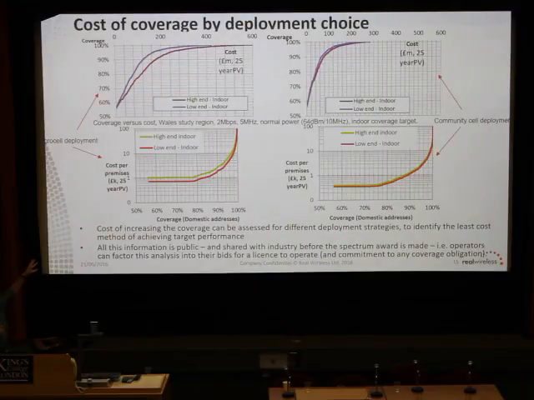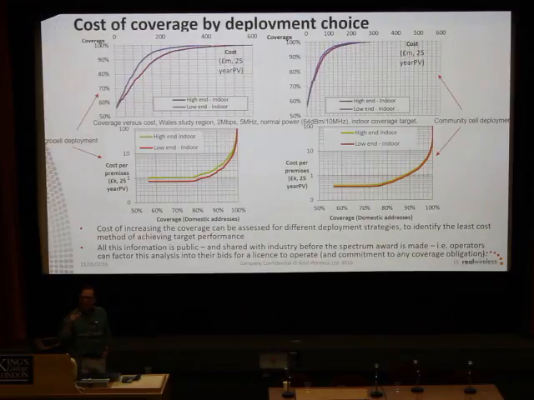If we look at the curves, you can see that as you go up for more coverage, the cost rises quite steeply, and at the end of the curve it rises more steeply still. Interestingly, because this was government-driven, it was looking at a 25-year present value.